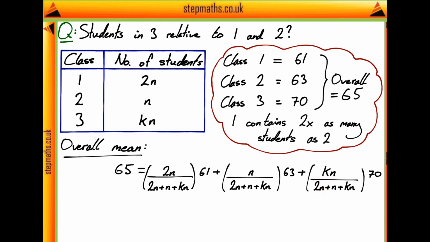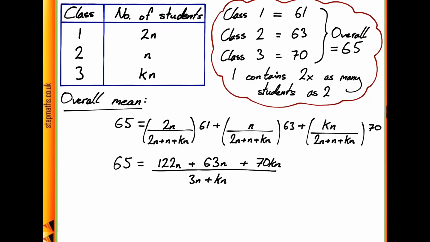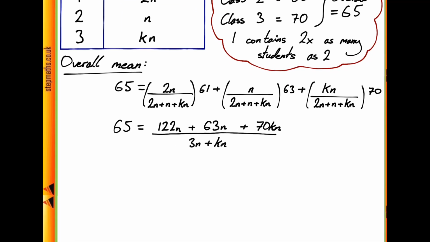Well, if we look at our denominator first, our 2n plus n plus kn, then because it's the same for each of the fractions, we can extend it across and simplify it to become 3n plus kn. The tops as well are going to become 122n, since 2n multiplied by 61 just gives us this, 63n, and 70 multiplied by kn.